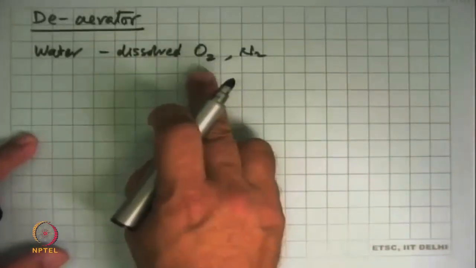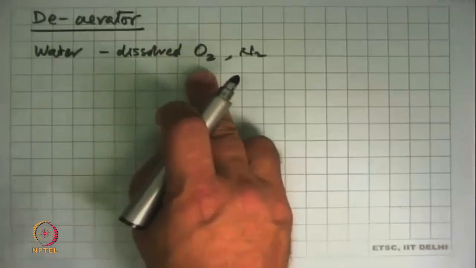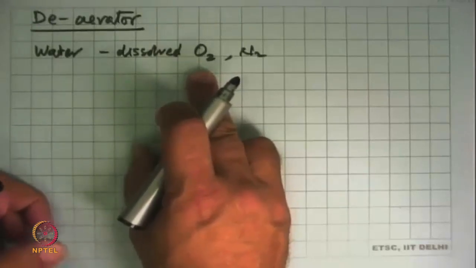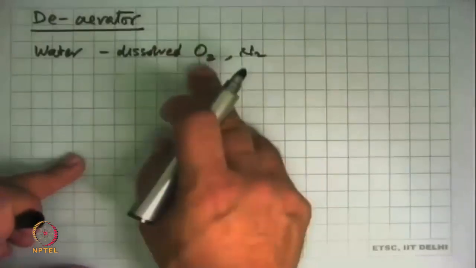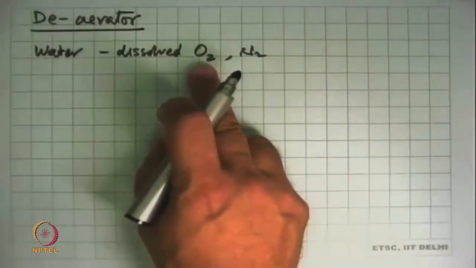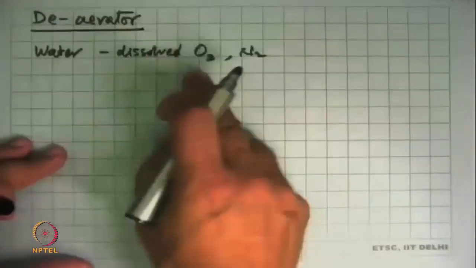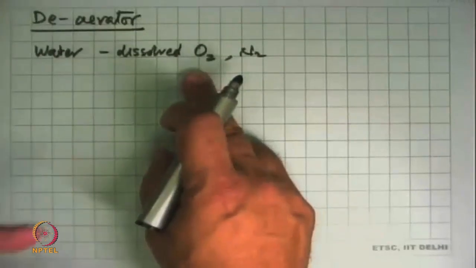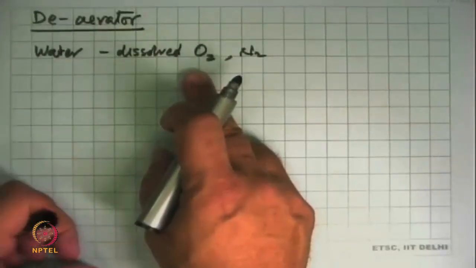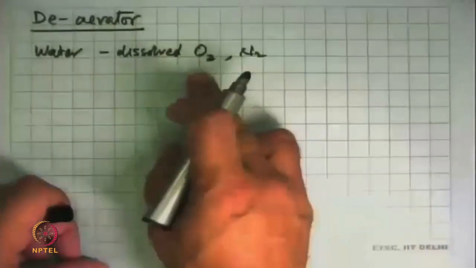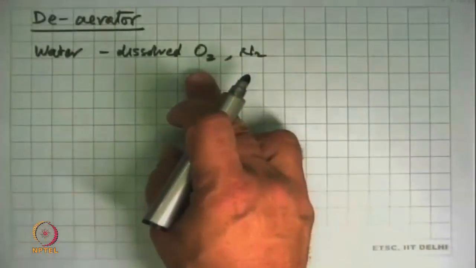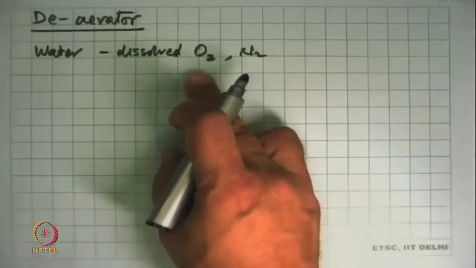In steam systems, if we just take that water and produce steam, like we do in our domestic geysers, then when you heat water, some of this oxygen comes out because the solubility of oxygen in water decreases with temperature. Some of the oxygen comes out into the gas phase, and if this reacts with the steel components, it will cause corrosion.